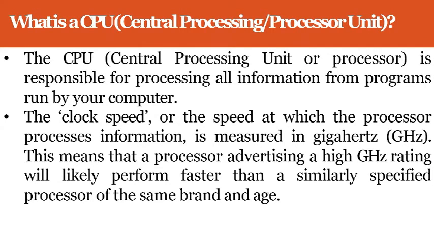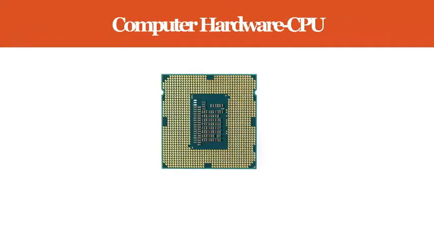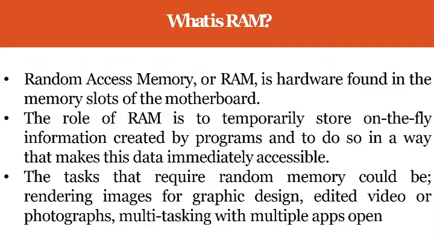So this means that a processor advertising a high gigahertz rating will likely perform faster than a similarly specified processor of the same brand and age. Meaning the higher the gigahertz, the faster your computer is. So that is the computer hardware, the CPU or the central processing unit.